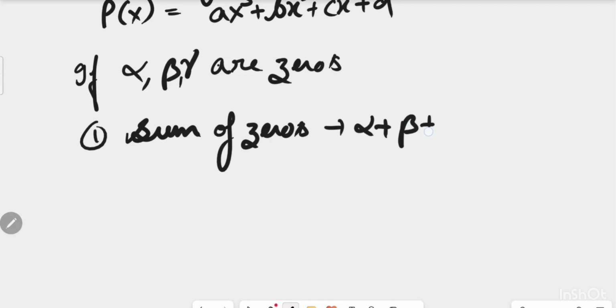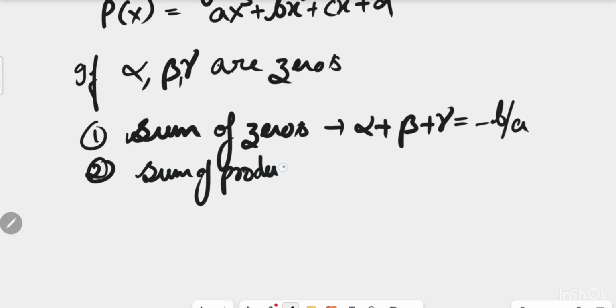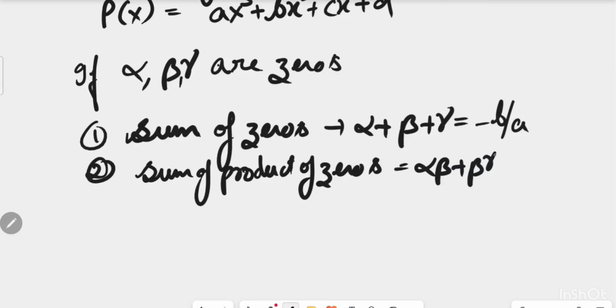first, sum of the zeros, alpha plus beta plus gamma, will be minus b by a. Then the sum of product of zeros taken two at a time will be alpha beta plus beta gamma plus gamma alpha.